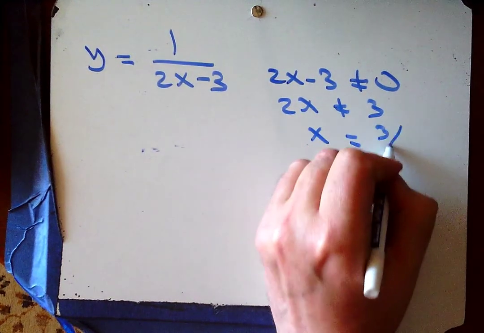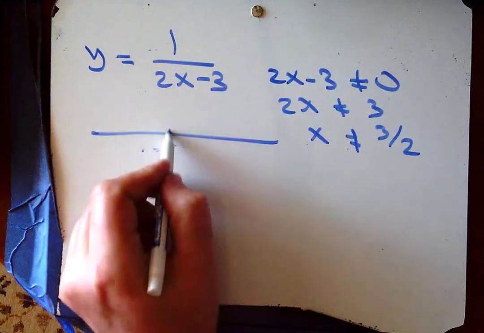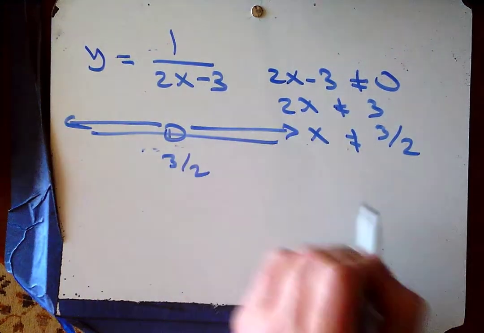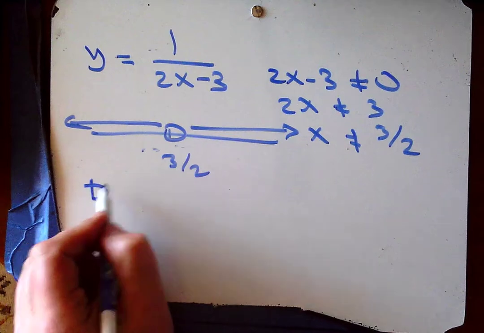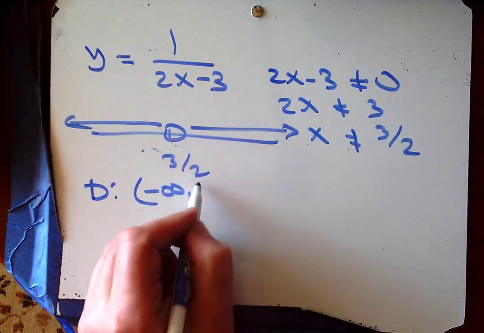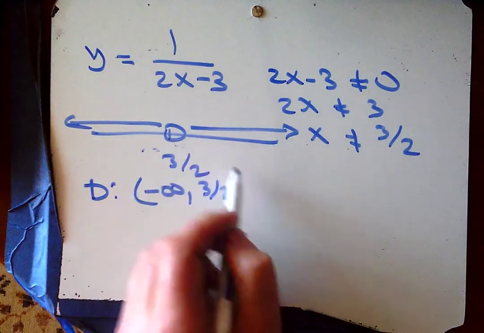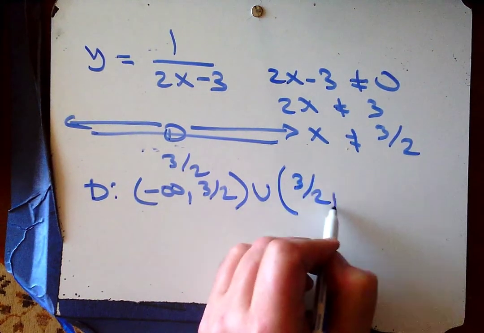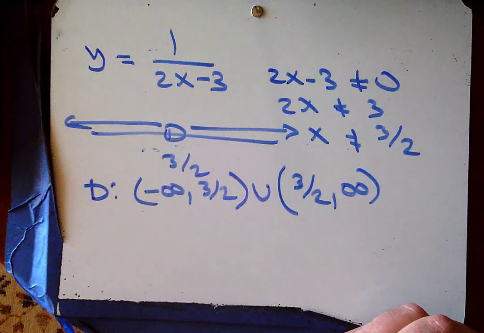X can't be 3 halves. So x can't be 3 halves, but it can be these numbers, and it can be these numbers. So my domain will be negative infinity up to 3 halves, parenthesis, union, parenthesis, 3 halves to infinity.